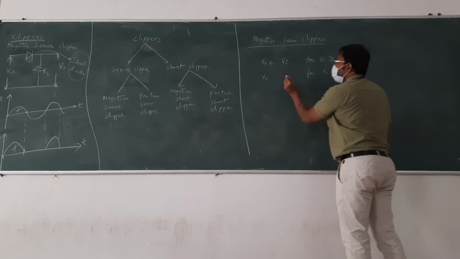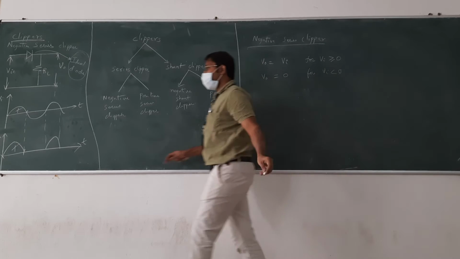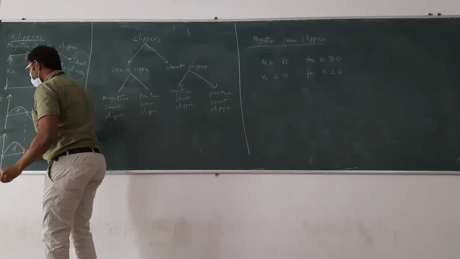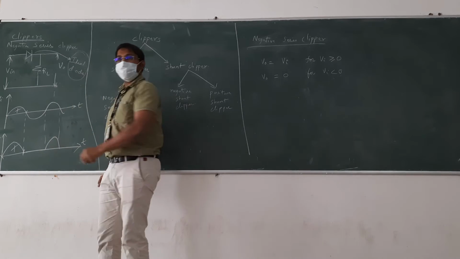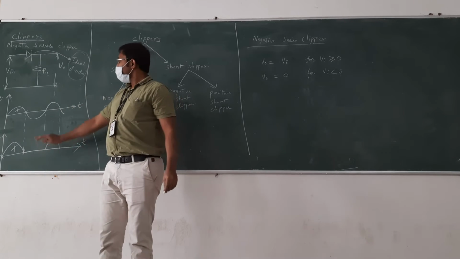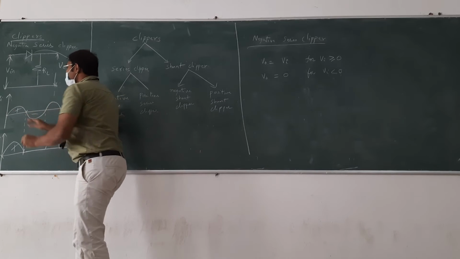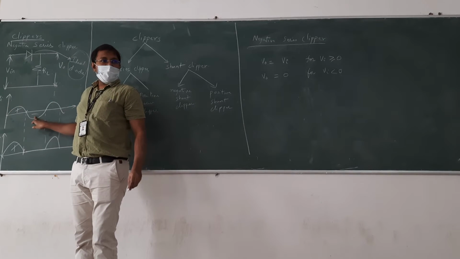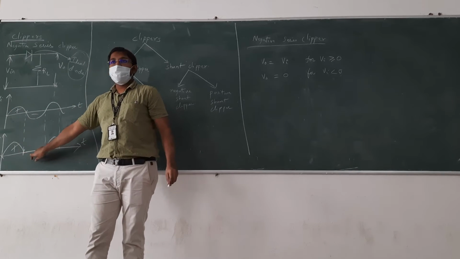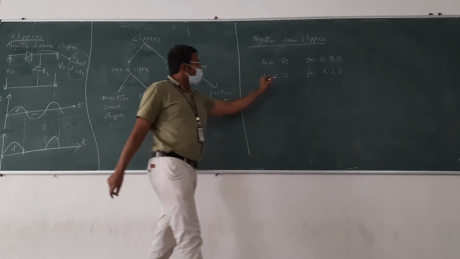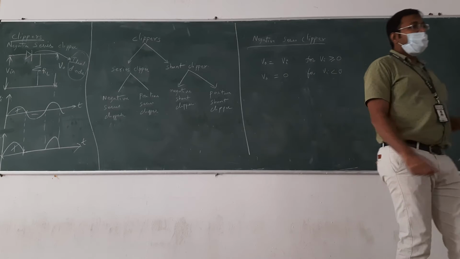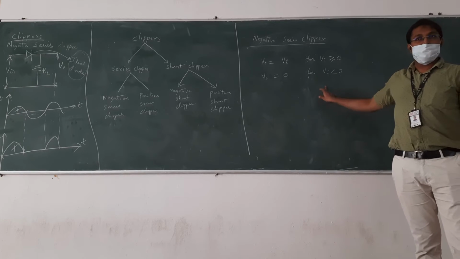Very good. Here we can see the waveform like this, then 0, then like this. So when the input voltage is negative, the output voltage is 0. According to the waveform, we are mathematically representing it like this.